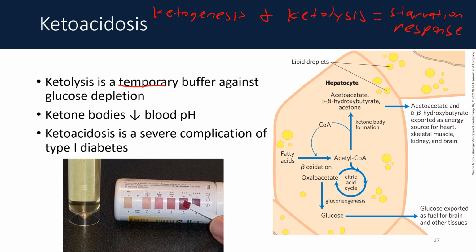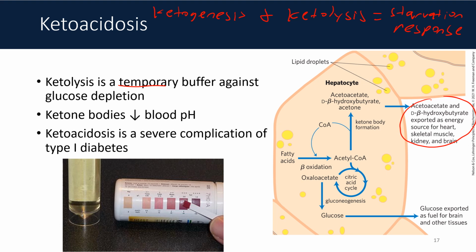One of the many issues that stems from a chronic glucose deficit is that these ketone bodies are going to accumulate. The body can't metabolize them that quickly. And the funny thing about ketone bodies is that they're actually not best described as ketones, except for acetone, which is the most useless of the ketone bodies.